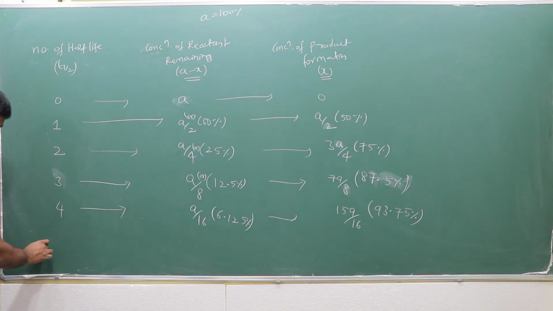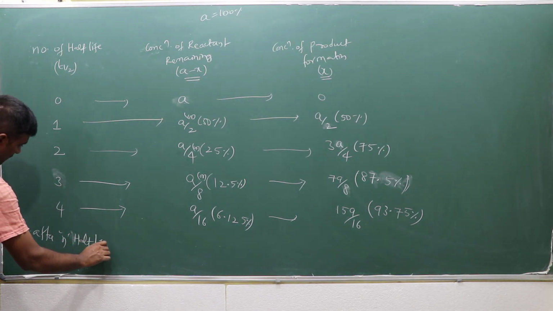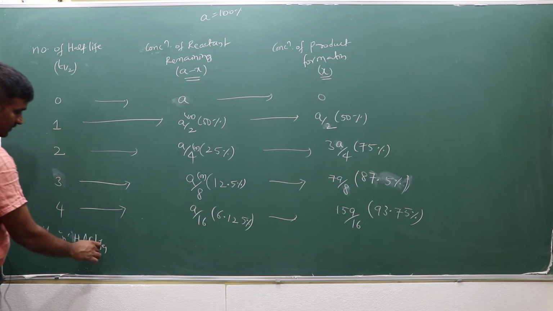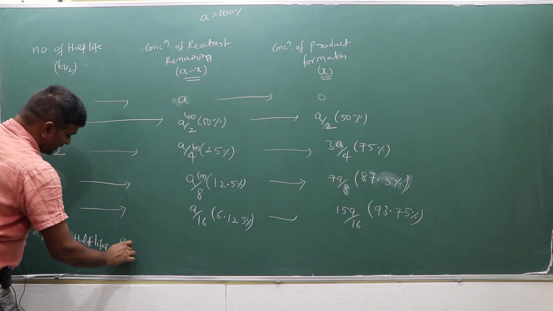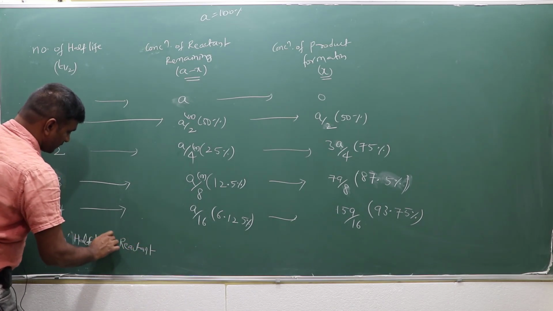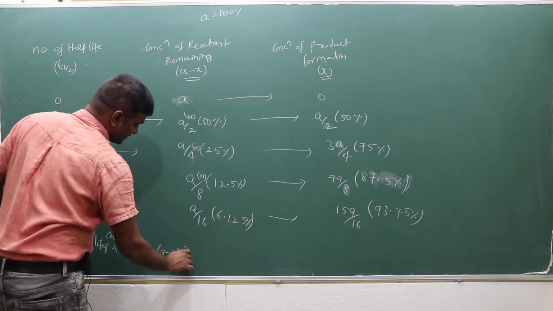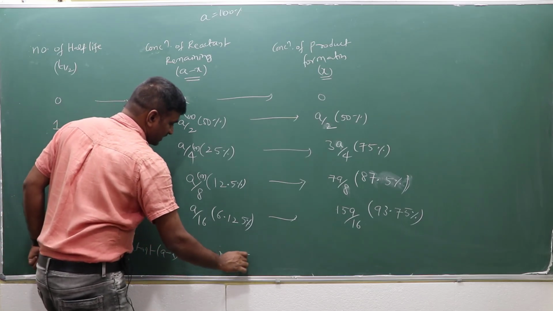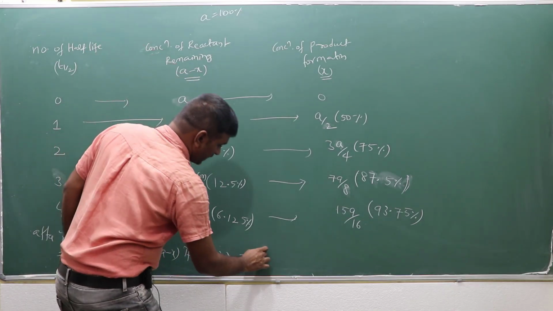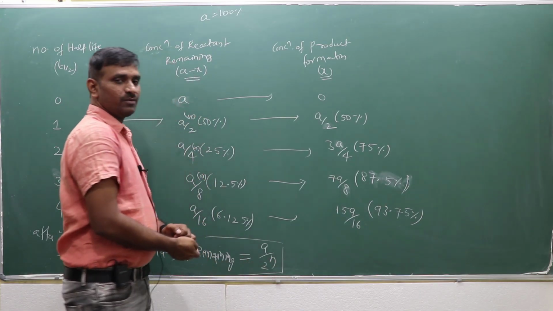So like this, after n half-lives, the concentration of reactant A minus X remaining is equal to A by 2 to the power of n.